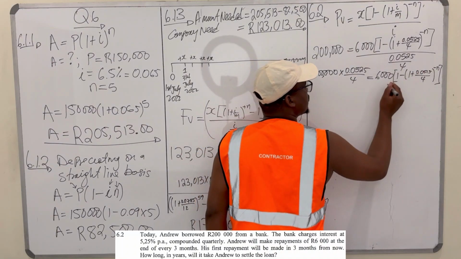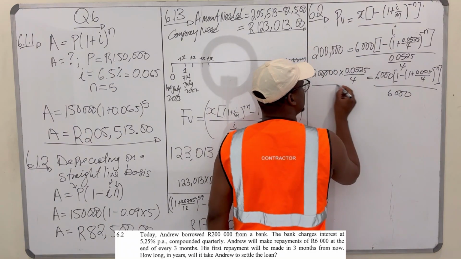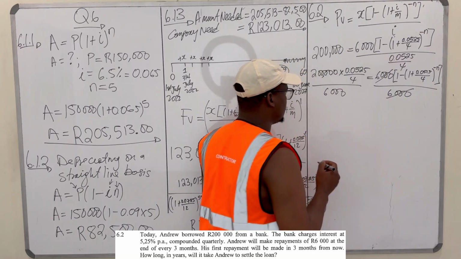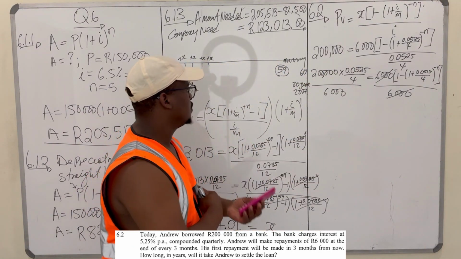So we want that. So we divide by 6,000, divide by 6,000. So this and that go away. So let's punch this and see what it gives us.